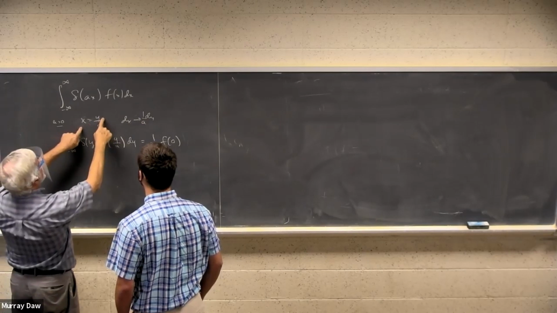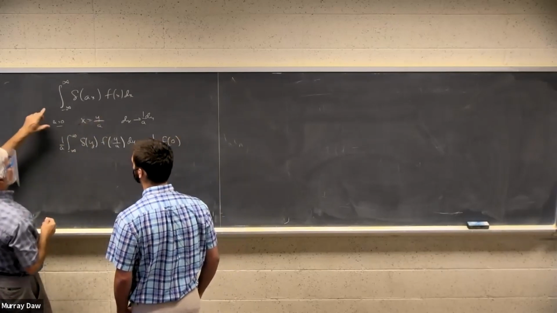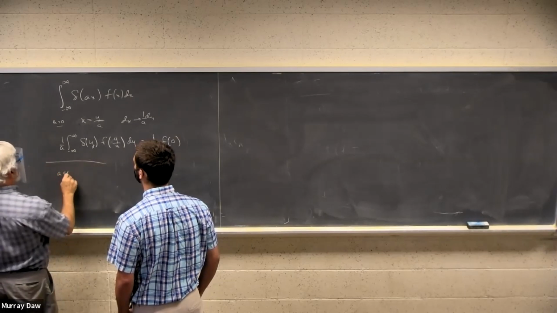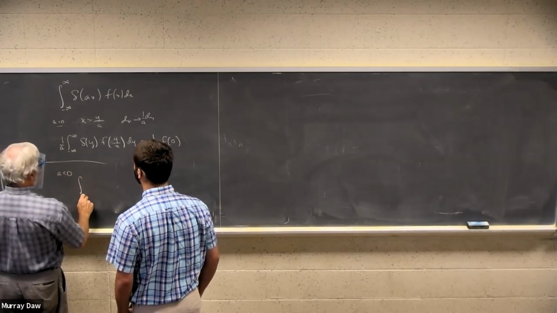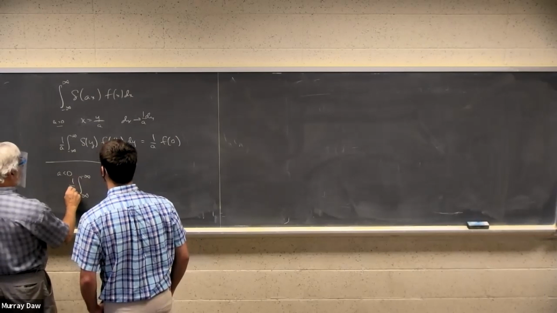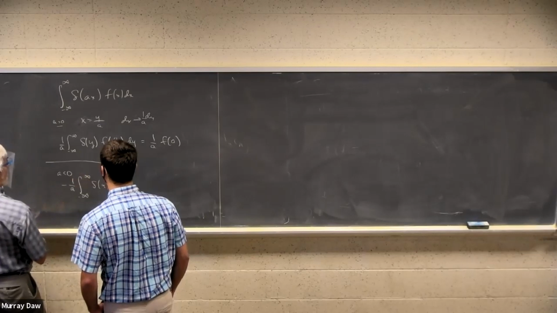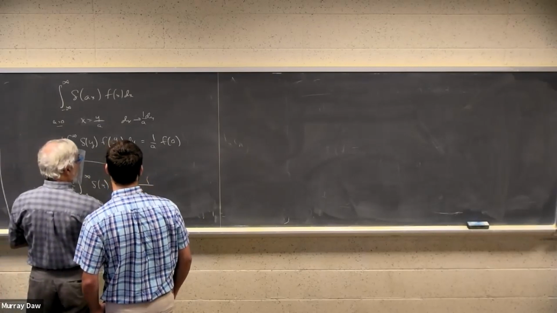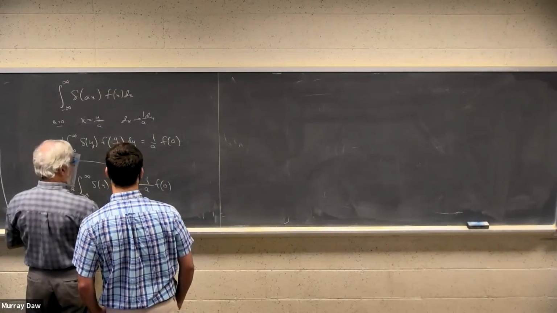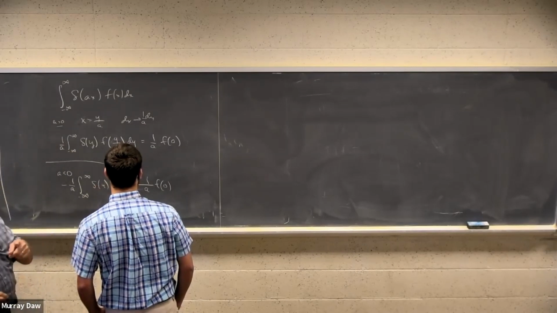Look here, a is negative, so x positive corresponds to negative y. So you get 1 over a, negative 1. Why? Because this is the derivative.